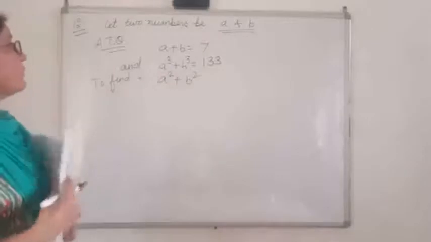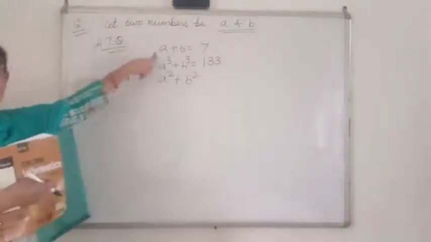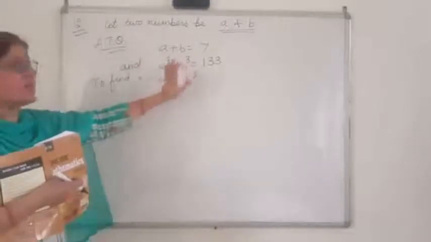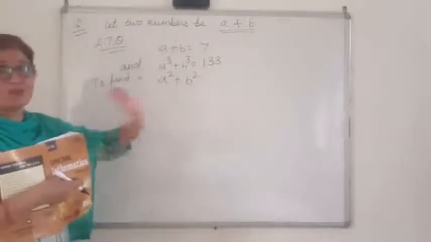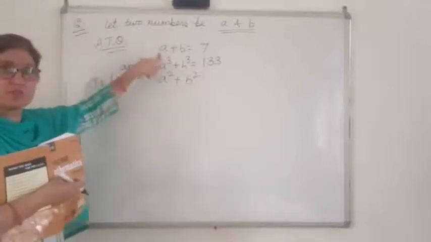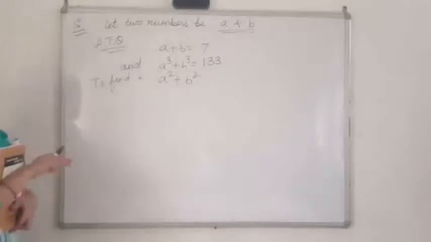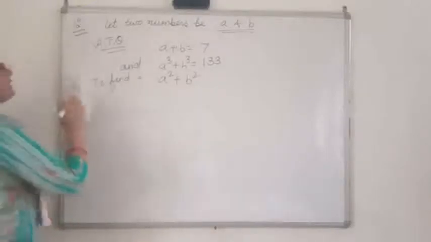What do you have to find? So what will we do? Can you take straightaway the square of a plus b and then apply the identity? ab will come, and we do not have the ab value. So find that. First we will take the cube of this one and then from there we find the value of ab, and then we go for the square identity.